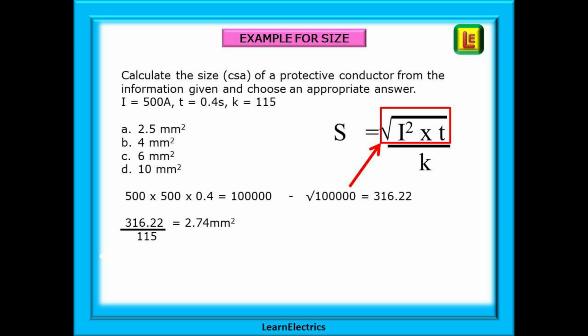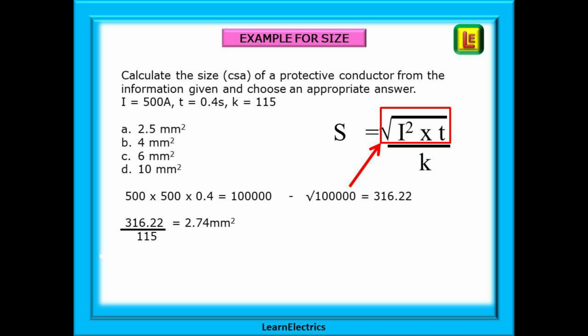Now for the square root part. The square root of 100,000 is 316.22 and lots more numbers, but we will just cut it off at the 2 decimal places. Now that we have this, we can divide it by K, or 115 in this case. So 316.22 divided by 115 is 2.74 square millimeters.